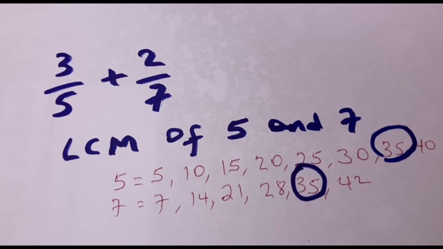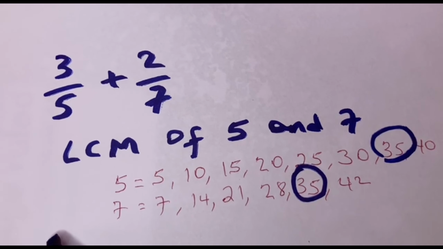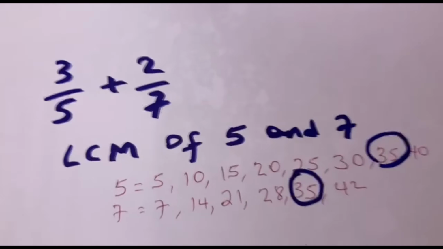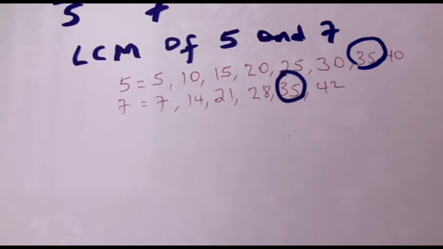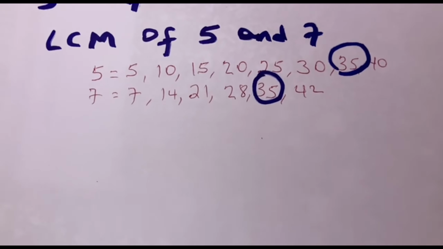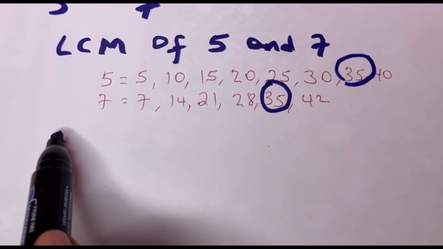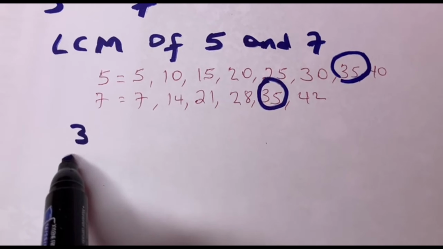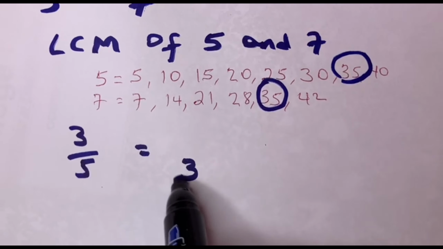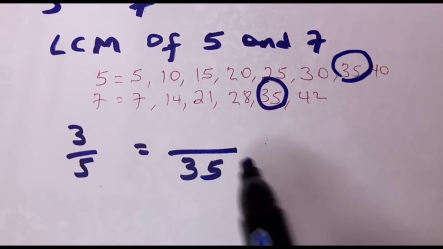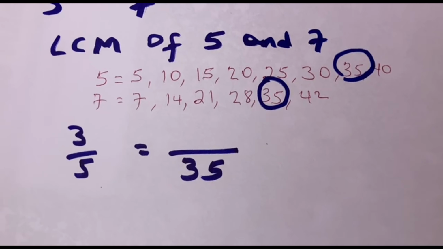So what we're going to do is change 3 over 5 to have a denominator of 35. How can we change it to the denominator 35?